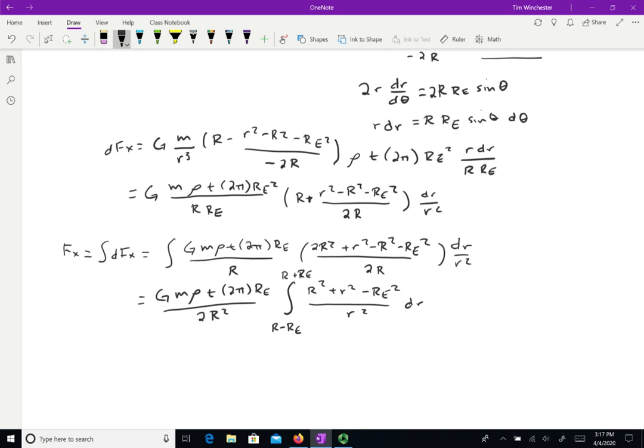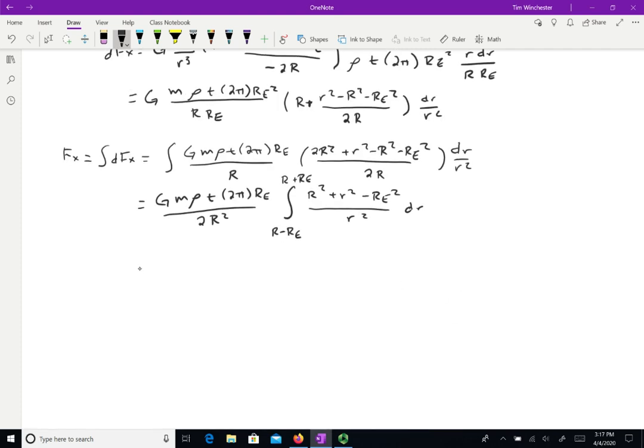All right, so now we can actually do the integral. I'll copy these constants again, G m rho t times 2 pi R_E over 2 big R squared. And then I've got little r squared over little r squared, so I should probably fix that up.